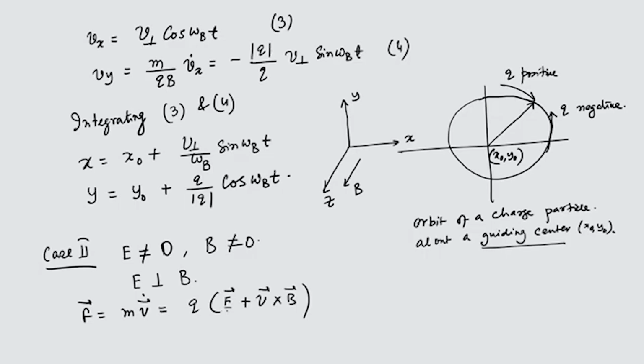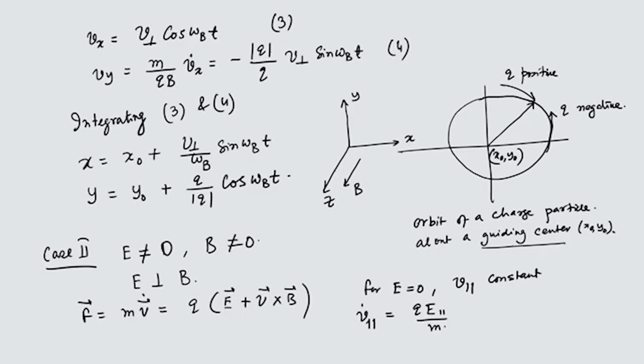And earlier, of course, for E equal to 0, which is the case 1 which we saw, your V parallel was a constant. So the parallel component of V, but now because of this, the parallel component actually has an acceleration which is given by qE parallel divided by m.